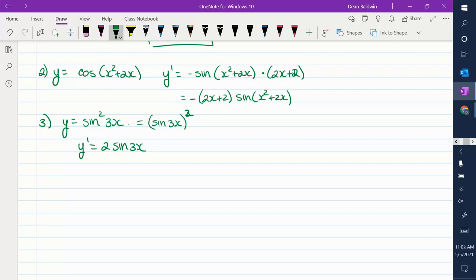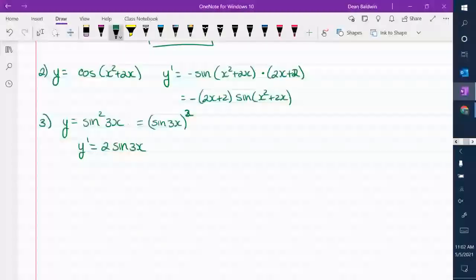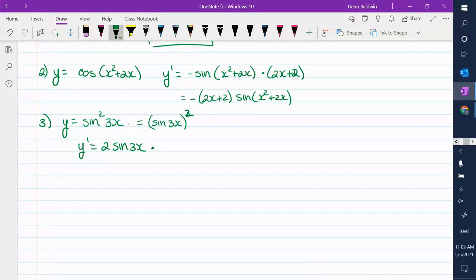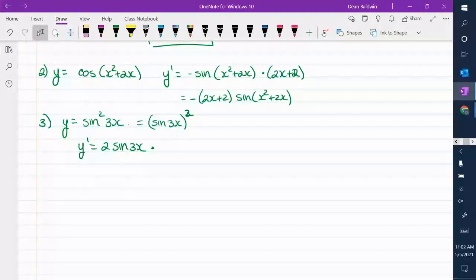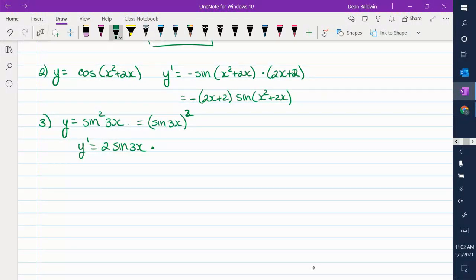You could put in brackets, put the power of 1, but it's kind of redundant. Times, then if I covered up this 2, what's the derivative of this? You start with the sine first, right? The derivative of sine is cosine of the inside bit, which is 3x.